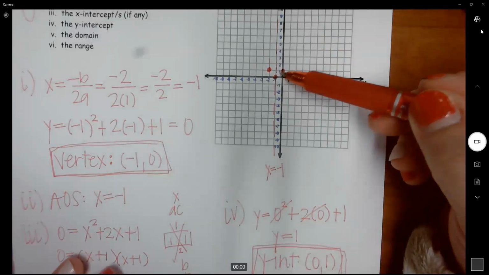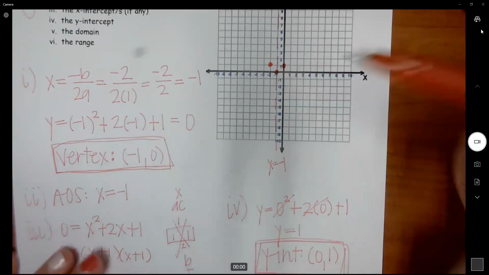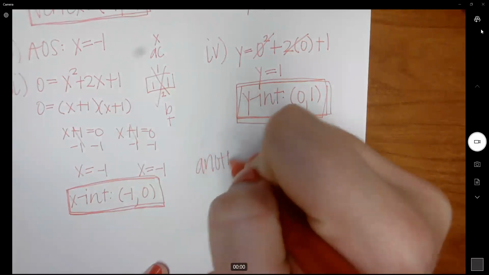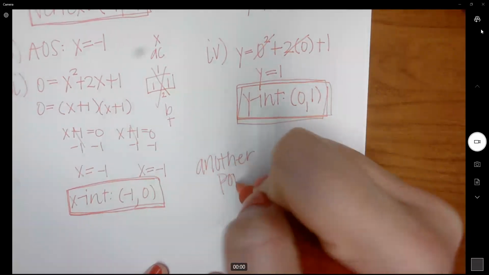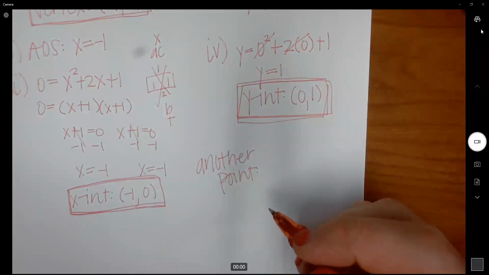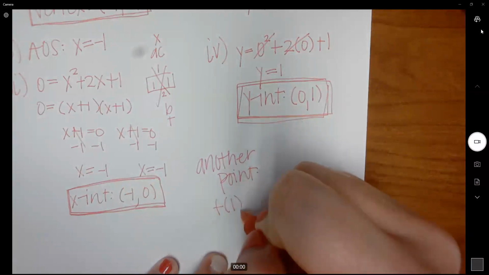So I'm going to go just one more over right here to 1, and I'm going to plug in 1 real quick. Okay, this is not required. I just personally like to. So I'm going to go f of 1, which means I'm plugging in a 1 for both of these x's.